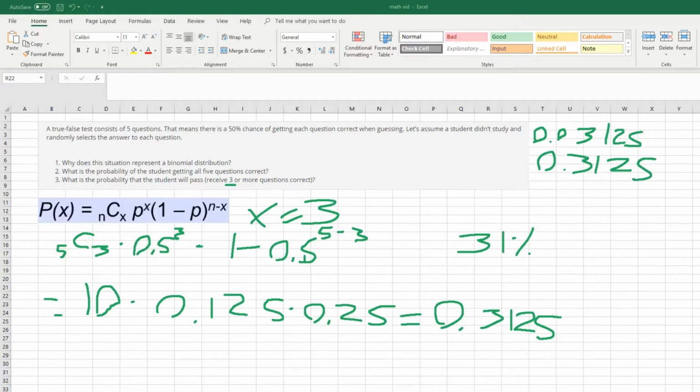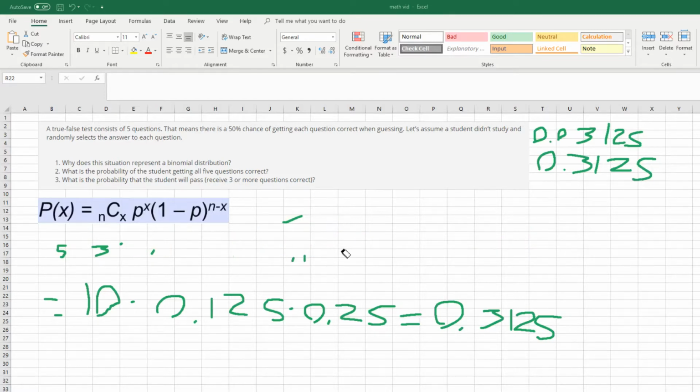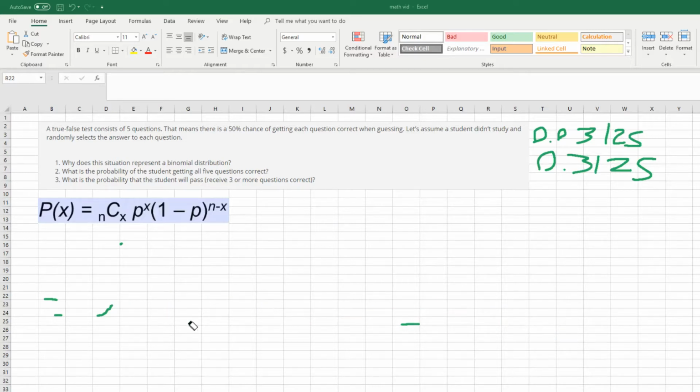Now we're going to find 4. And like I said, the only thing that is changing is x, so x is now 4 in this equation.